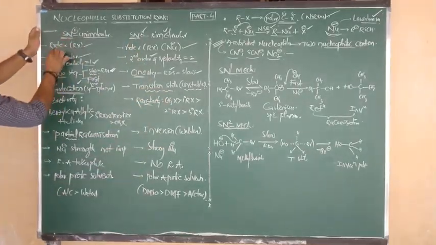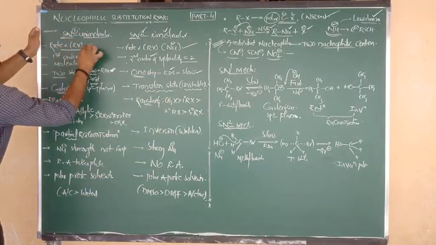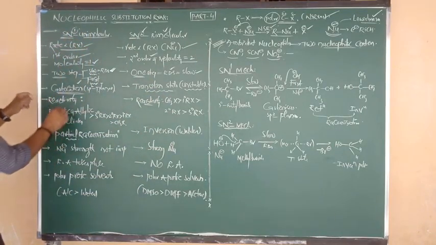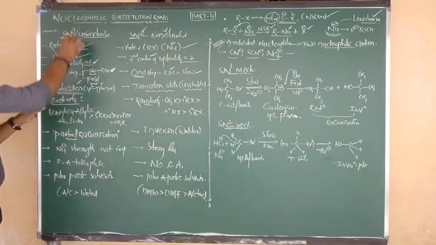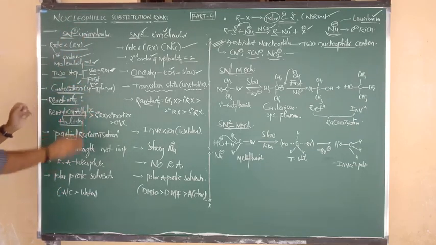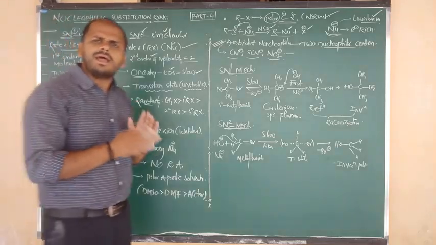Let us go to SN1 reaction, where the rate depends upon alkyl halide. So what is the reactivity order of alkyl halide? The reactivity order of alkyl halide in SN1 starts with benzylic and allylic halides.